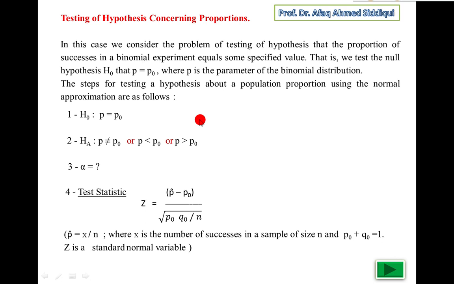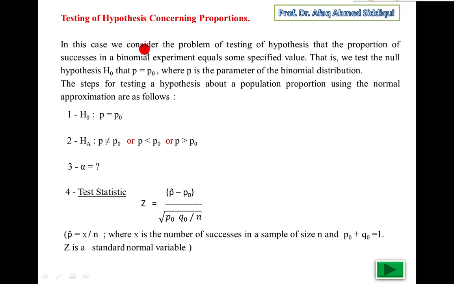So for a binomial variable we use the binomial probability distribution for probability, same as for testing of hypothesis we will test the binomial parameter in this testing of hypothesis concerning proportions. We will test the hypothesis about the proportion ratio of binomial parameter P.